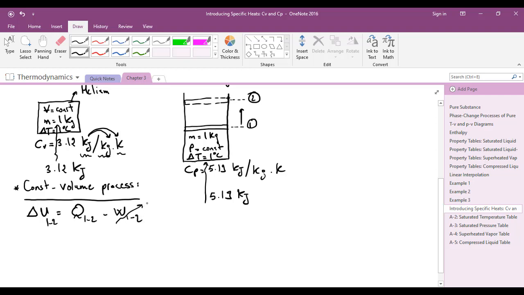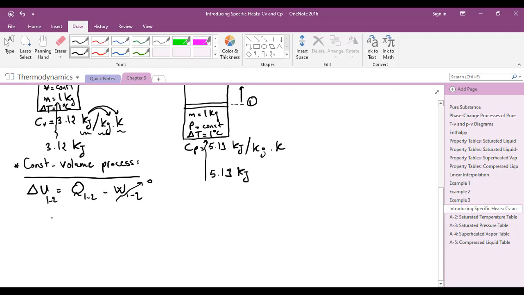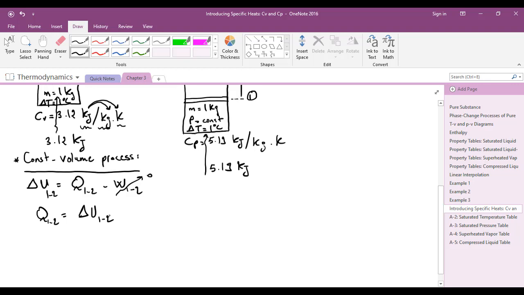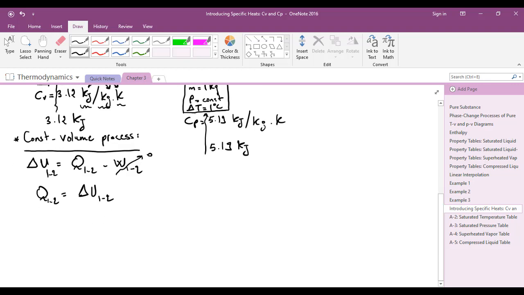Here the work is 0. So now Q from 1 to 2 should be equal to delta U from 1 to 2. We can write this equation in differential form.